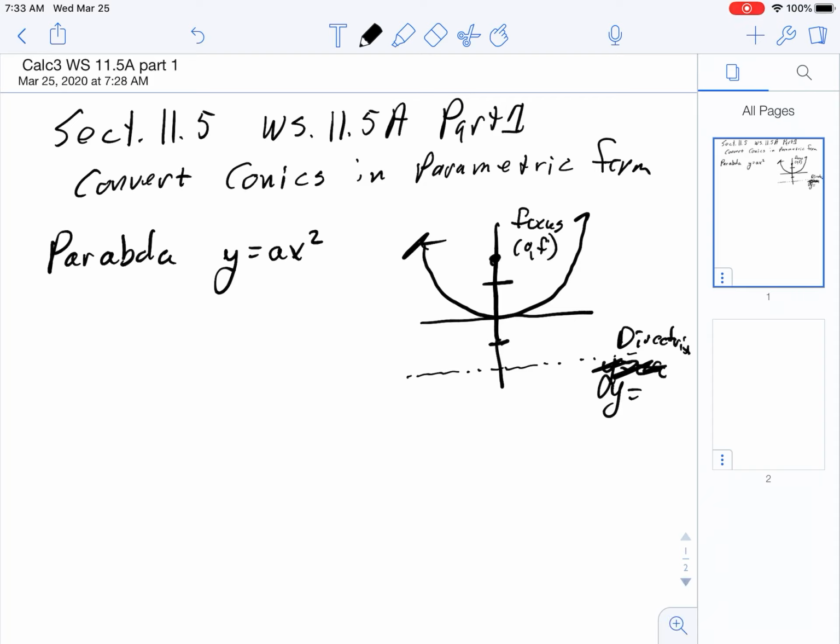Okay, now for every parabola you have these two pieces.